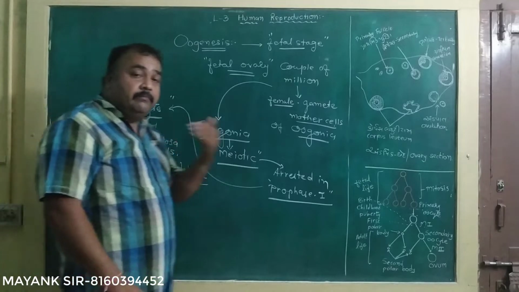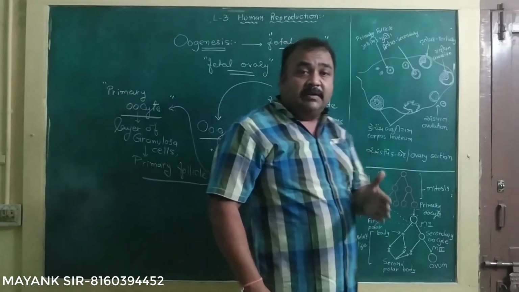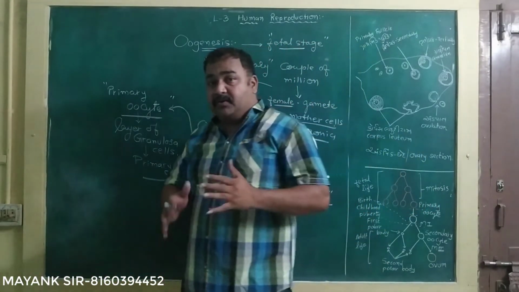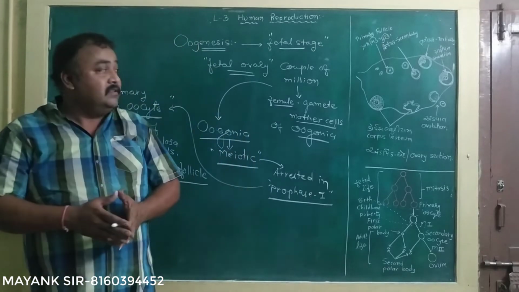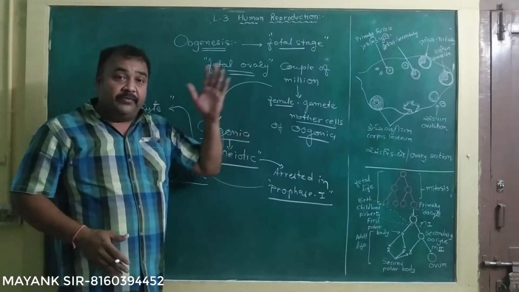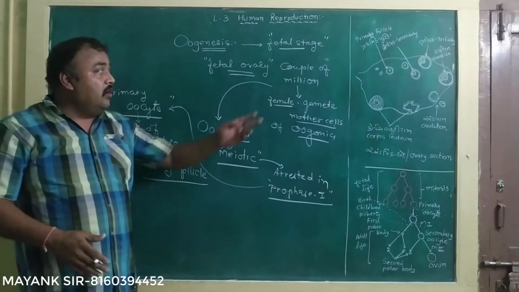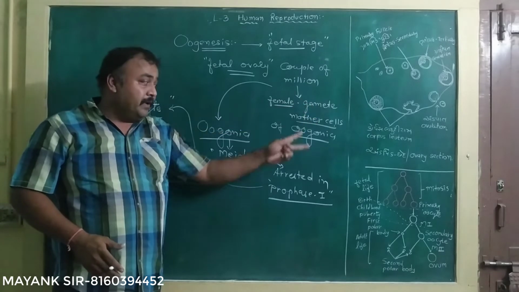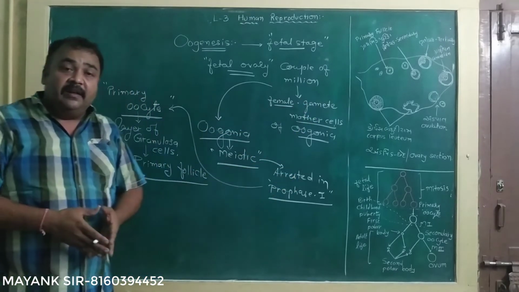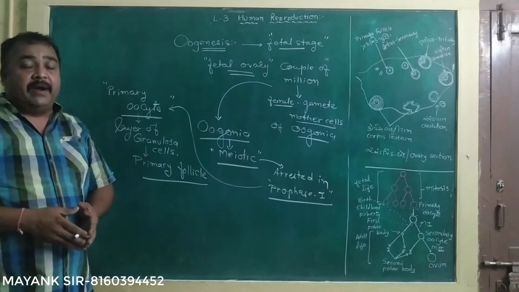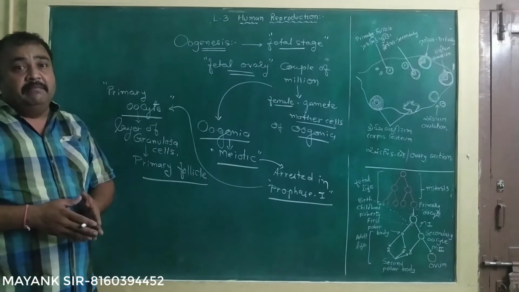The number of primary follicles always depends upon the number of primary oocytes. As I told you earlier, a couple of million primary oocytes or gamete mother cells occur, so the number of primary follicles will be in millions.